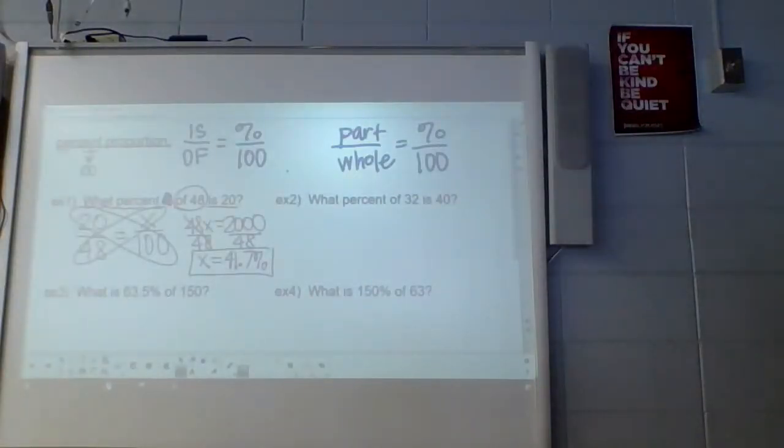Try this next one, guys. You should be trying example 2. It's really similar to example 1, that's why it's right there. And I'd like you to get in the habit of setting up the percentages, or setting up the proportions like we did.